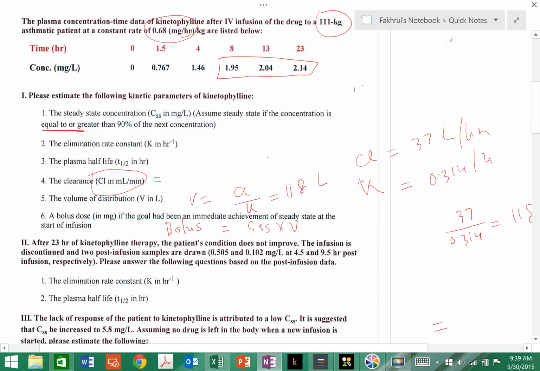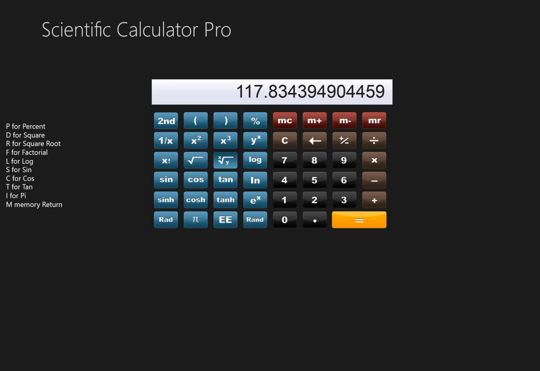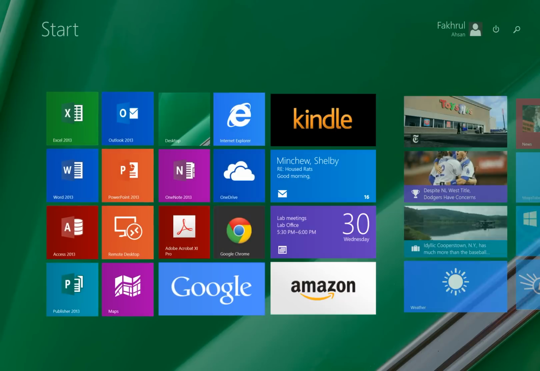So what we have, CSS, we know 2.04 milligram per liter, and V is 118 liter. So if you multiply 2.04 by our volume of distribution, 118, it would be 242, or you can also say that it is 241.